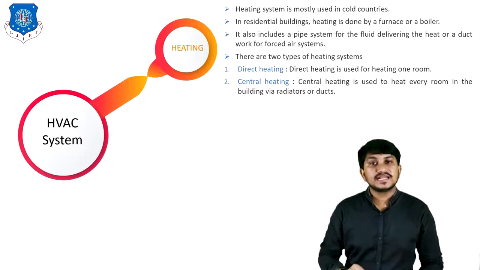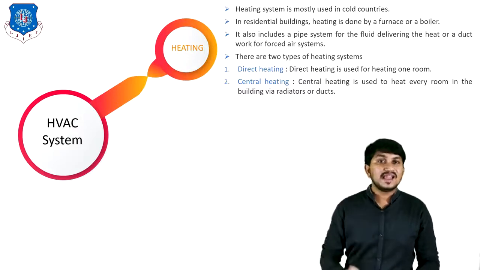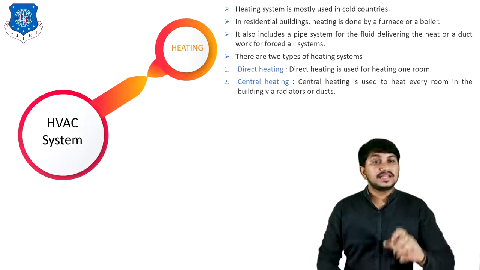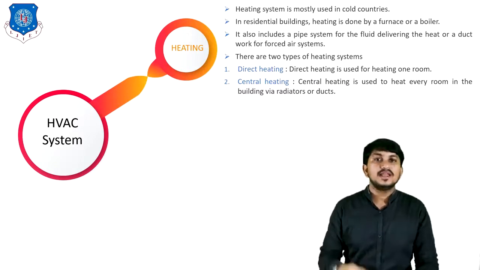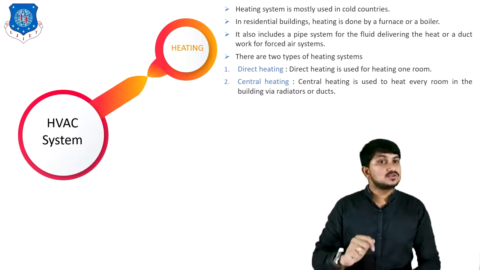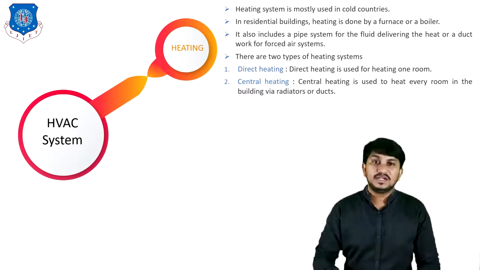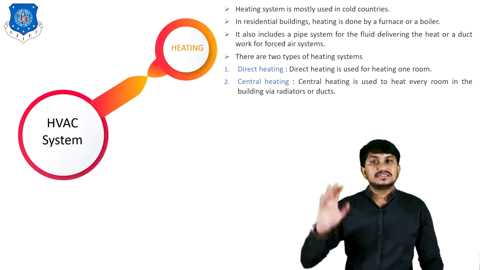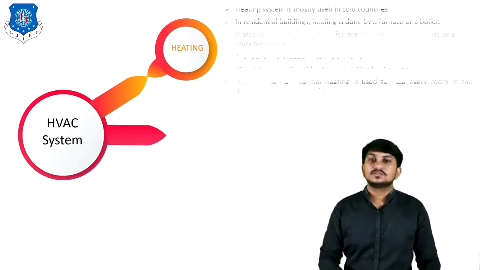There are two types of heating system. First is direct heating and second is central heating. Direct heating is used for heating only one room, while central heating is used to heat every room in the building via radiators or duct lines. So this is called heating in the room.